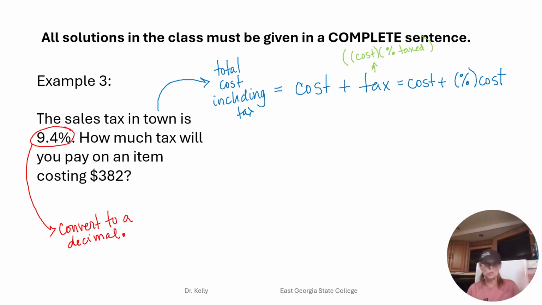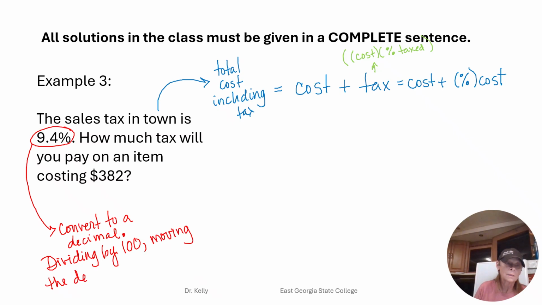We're not turning it into a percentage, we're converting it to a decimal, and we do that by dividing by 100, which is moving the decimal place 2 spots in the negative direction, which would be to the left. Okay, so that's what we're going to do.